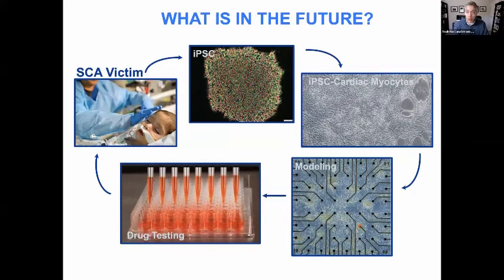And if you give them the right signals in the lab, they can become this. These are beating heart cells. We can make all kinds of different cells depending on what we think is wrong with the child. We can't do this for everybody, but for the ones where you really think there's an opportunity to learn more and the families are willing, we study these in the lab, and it's really been a powerful tool because we can not only learn more about disease, but we can try novel therapies.